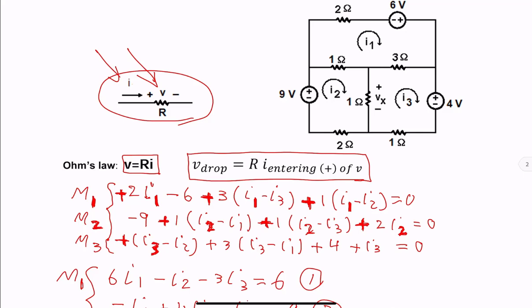The second coefficient, negative 1, is first of all negative, and then it's equal to the total resistance common between mesh 1 and 2. And finally, the next coefficient is also negative, and it's 3, and 3 is equal to the common resistance between mesh 1 and 3. It works, however, this is a very simple case.